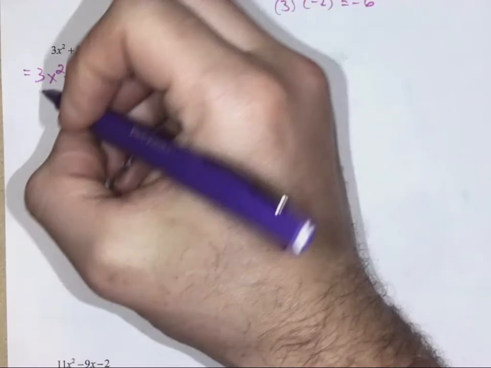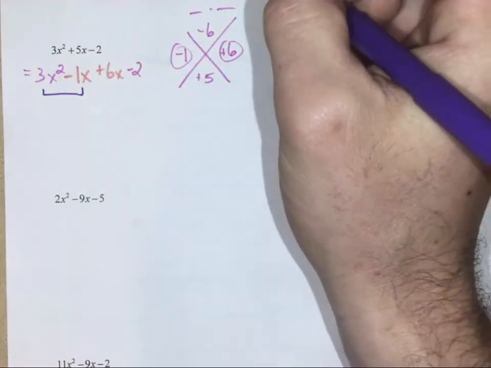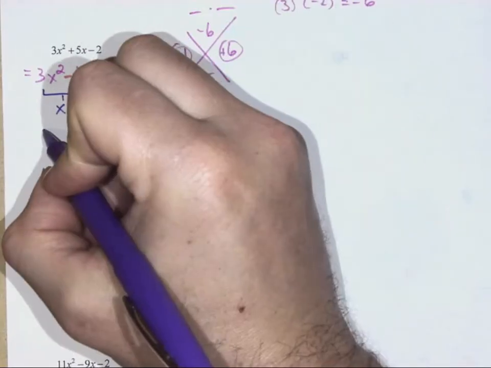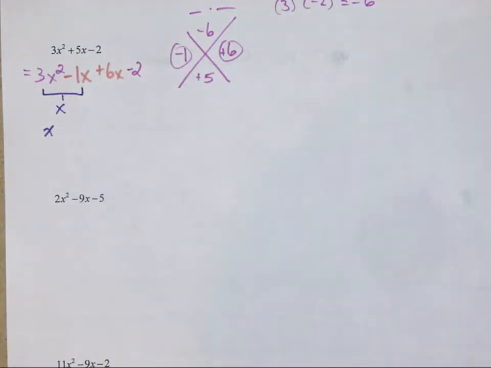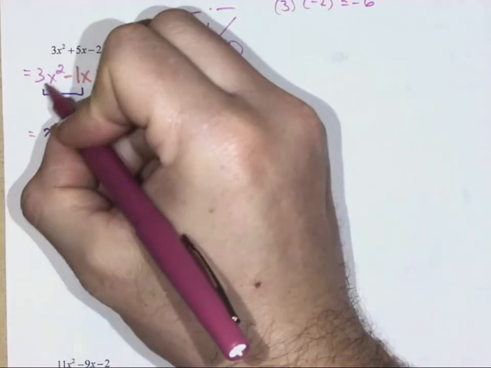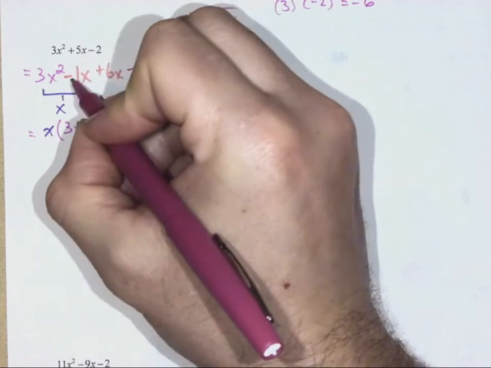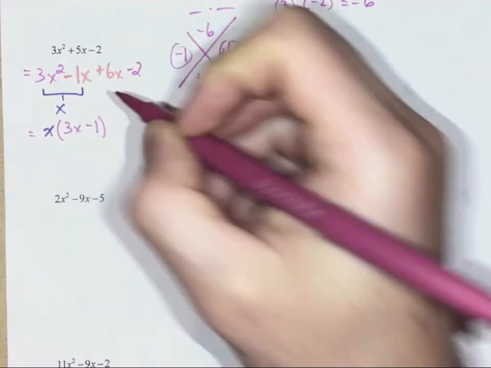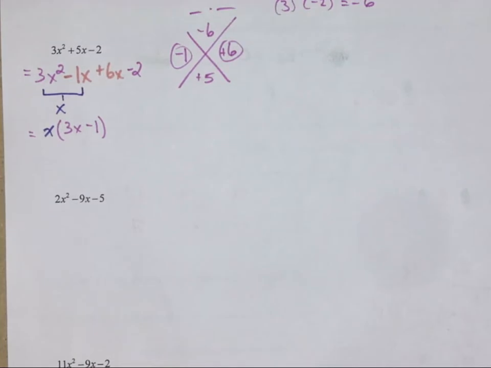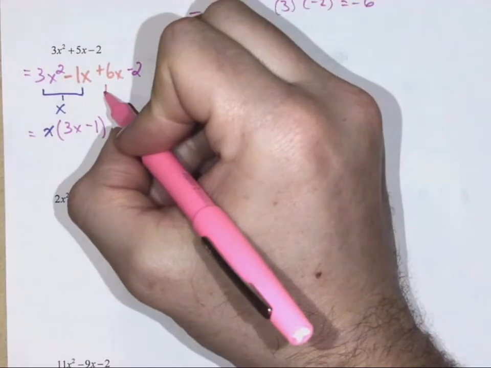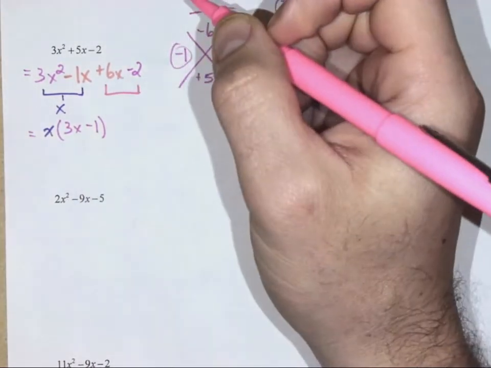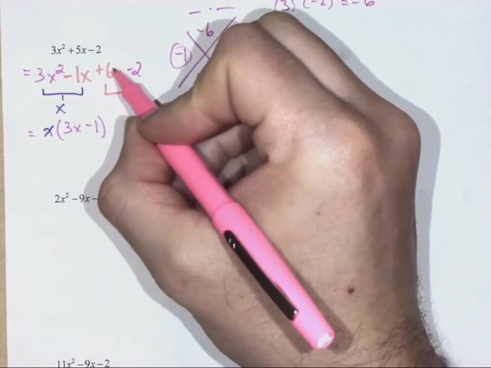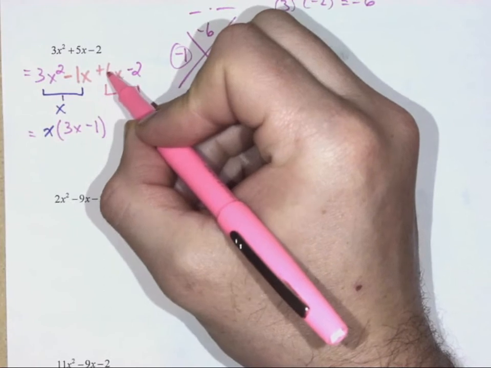If I look for a common factor of the first two terms, all I have is x. 3x squared divided by x. Negative 1x divided by x is just negative 1. If I look here, 6x minus 2, that leading term is positive, plus 6.